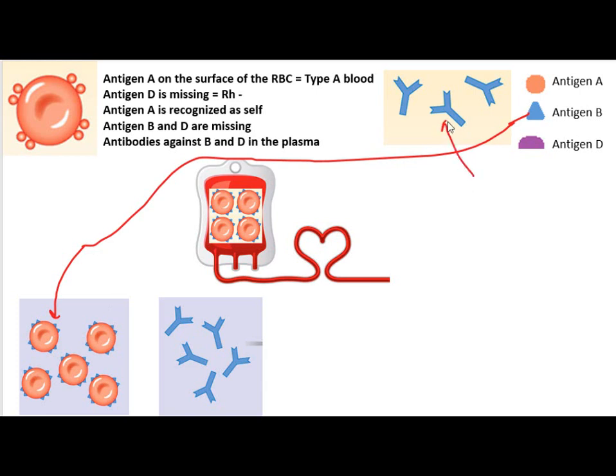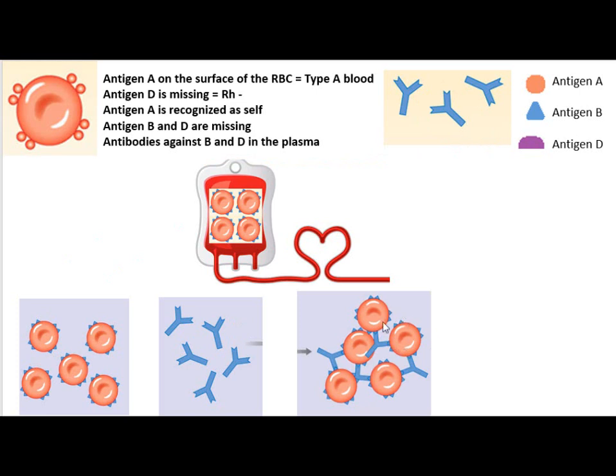Because this individual has antibodies against B, what is going to happen next? Antibodies will bind to the surface of those antigens and agglutinate these red blood cells together, and as they agglutinate, the red blood cells will lyse and die. And that's why if you're given the wrong blood type, those blood cells will be attacked by your body.